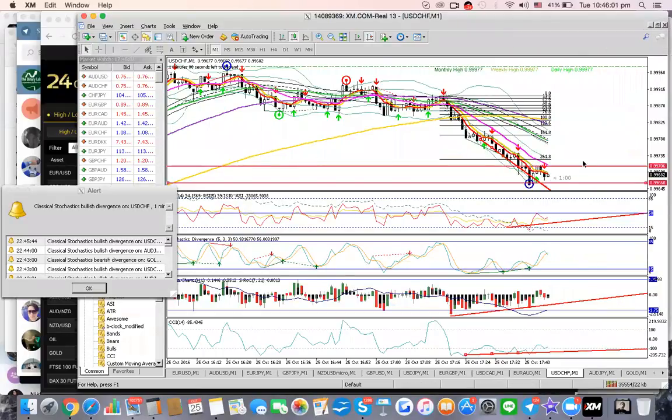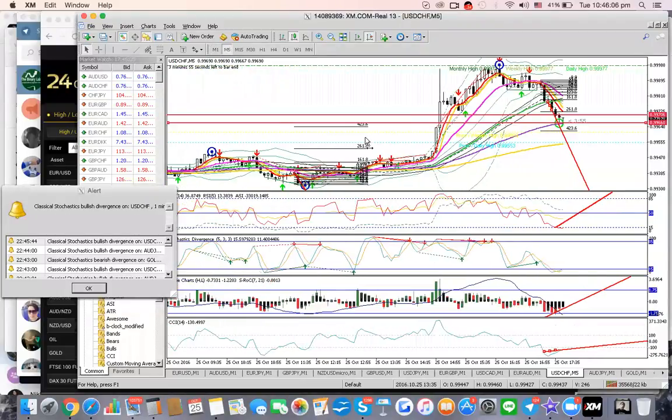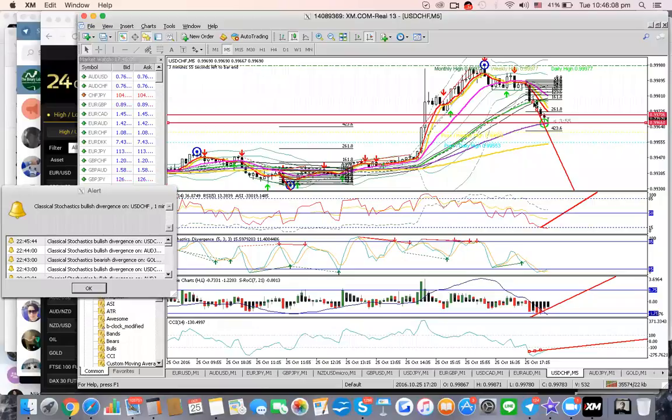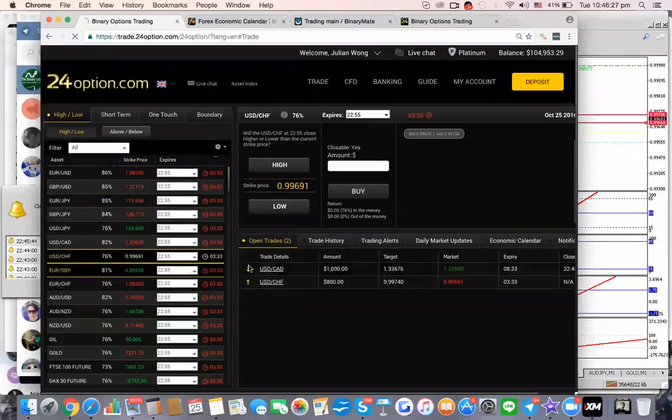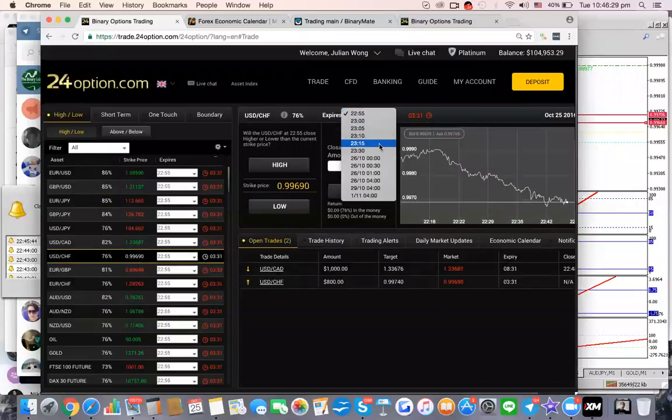Okay, the bottom is found. So M5 chart. 1, 2, 3, 4, 5, 6, 7. 35 minutes. 10 past the hour. 20 past. I'm getting back in on USCHF. 20 minutes past. 15 minutes past to do.